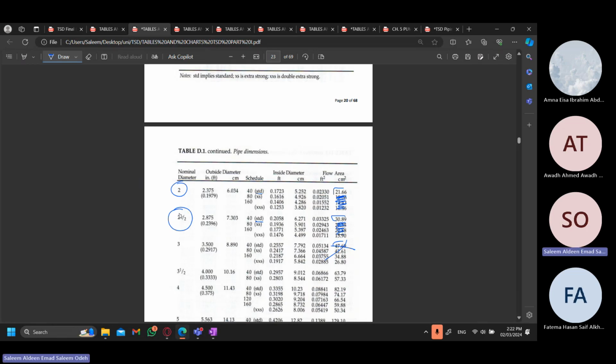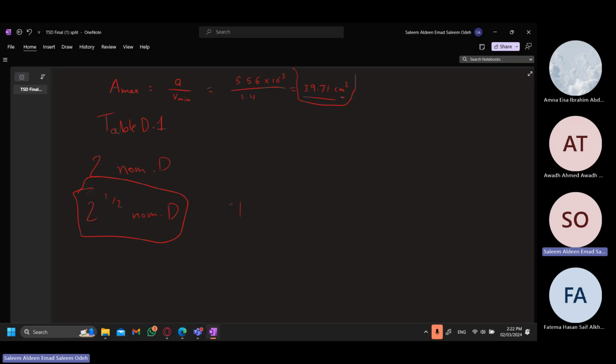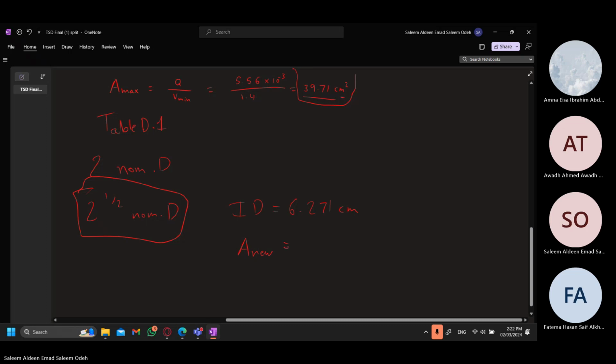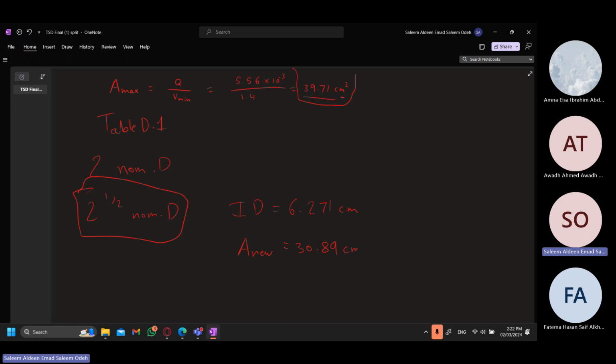So for 2 1/2, we have the following dimensions. We have an inside diameter of 6.271 centimeters and an area of 30.89. So ID equals 6.271 centimeters and the area equals 30.89 centimeters squared.